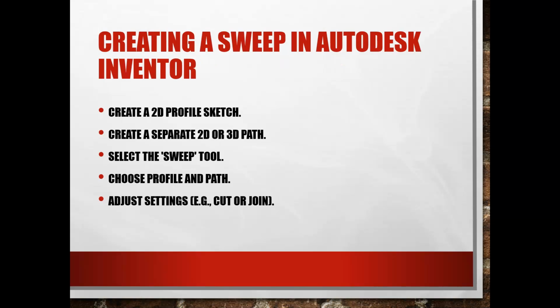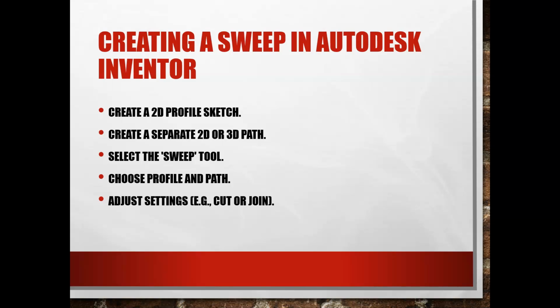Now, when we're talking about doing the sweep command in Autodesk Inventor, remember that we have to select the sweep tool, right? We're going to choose the profile. We're going to choose the path. Now we do have some settings down below that we can tell it to join and cut. These are the exact same settings that you've seen when we did any kind of extrusions or revolves and things of that nature.